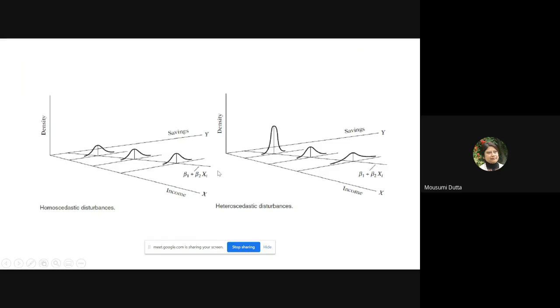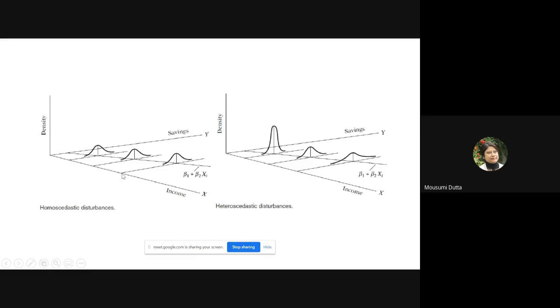And actually there are scatters along this particular line. This line is a fit along the scatters. Now homoscedasticity indicates the distribution of the scatters around the equation beta 1 plus beta 2 xi remains similar as we move from income level 1 to income level 2 to income level 3, etc.